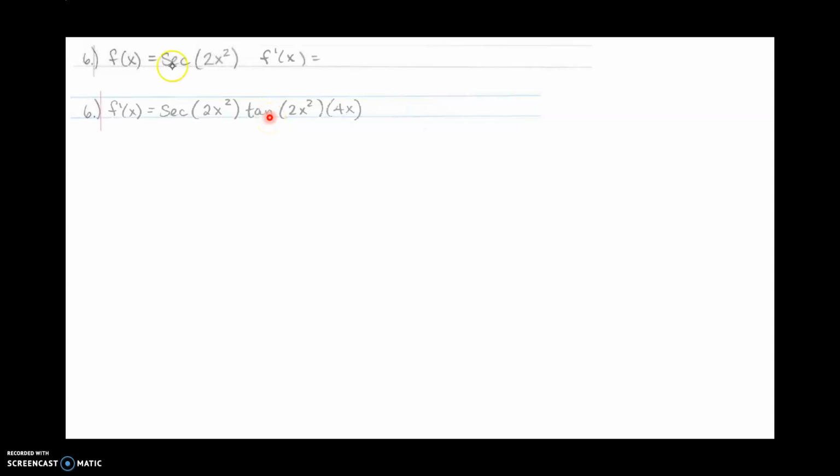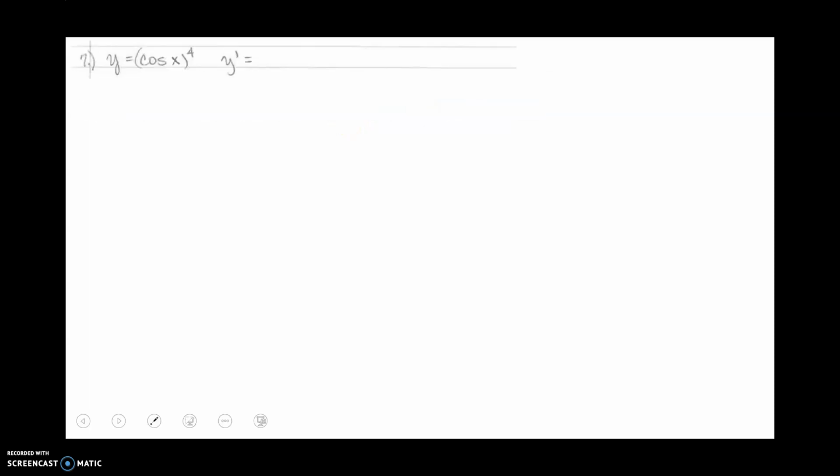That's the derivative of the outside. Then I need the derivative of the inside. So the derivative of 2x squared is going to be 4x. And that's my whole answer for number 6.